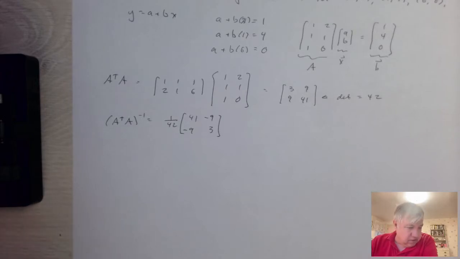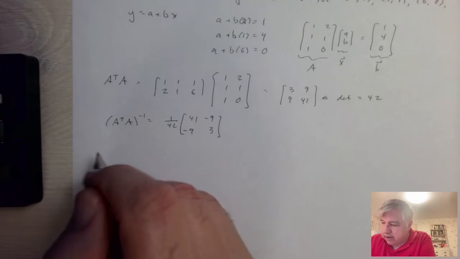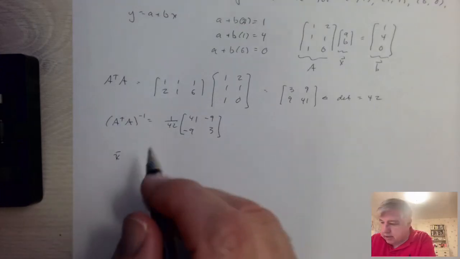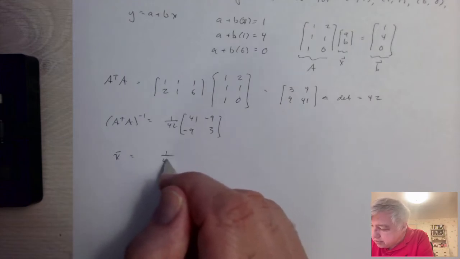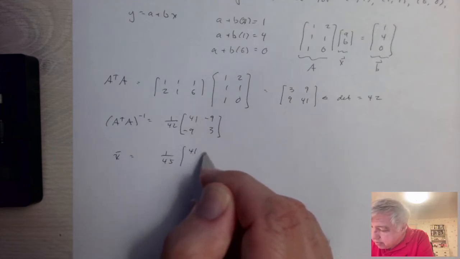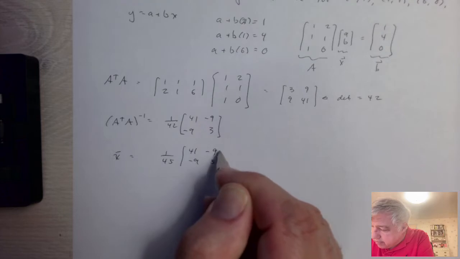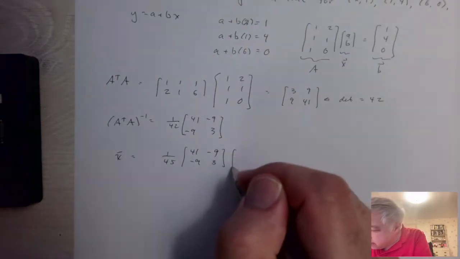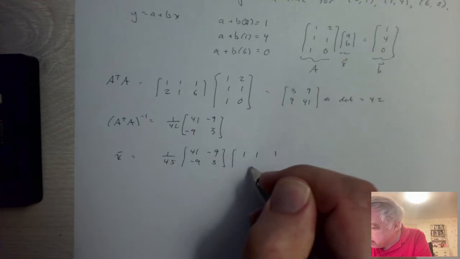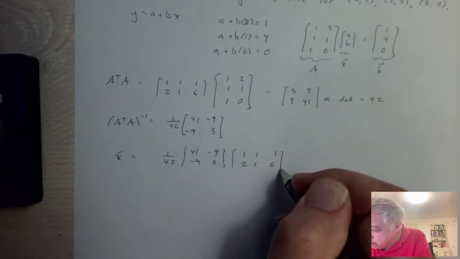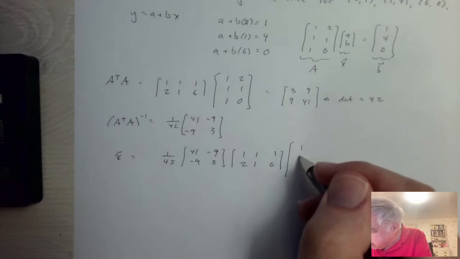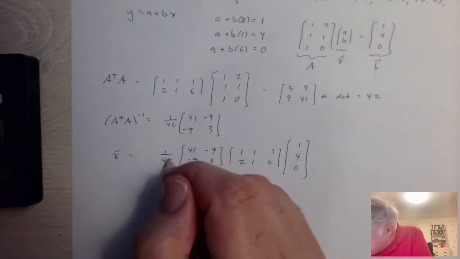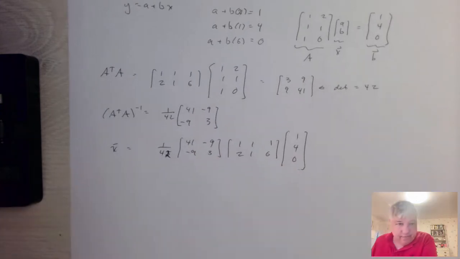Okay, and I'm just going to keep the fraction out here to postpone the fractions of this solution. So now we know that x bar has to be this inverse times A transpose times b. This should be a 42. Sorry about that.